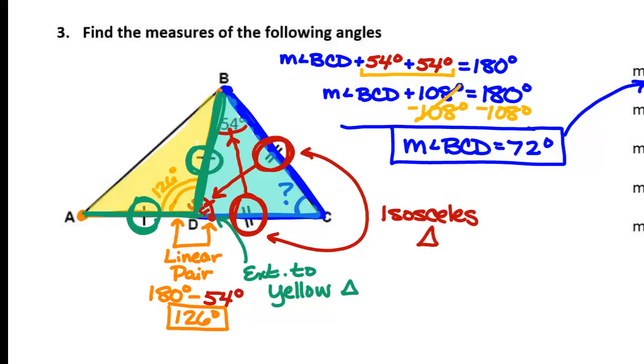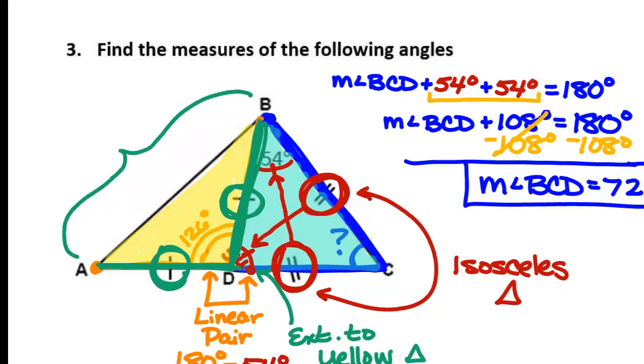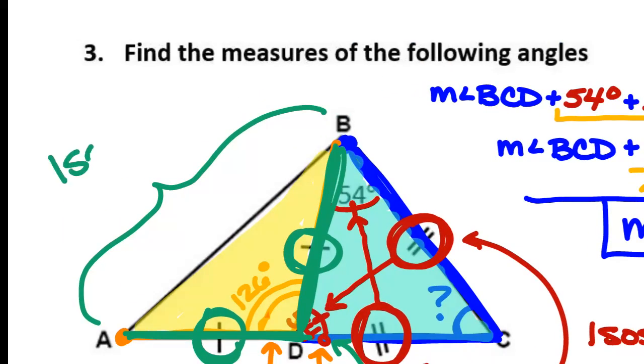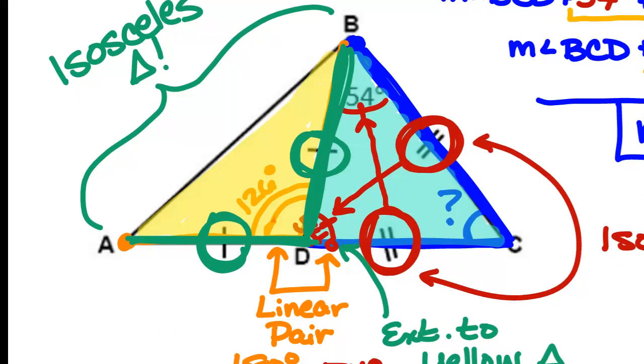So that yellow triangle is what type of triangle? This is an isosceles triangle, just like the first one, because we have two congruent sides. And if I have two congruent sides, what does that mean about the angles? They're equal. They are congruent also. I have two congruent angles.